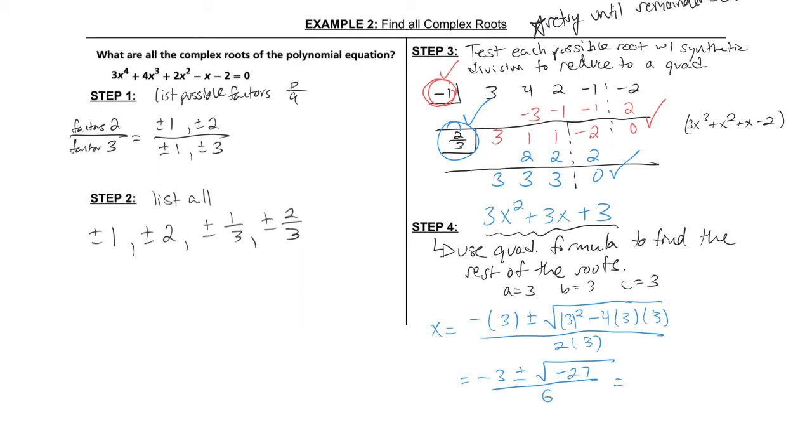We can take the square root of -27, which is 3i square root of 3, over 6. And then we can reduce all of these by 3 and get our final solution of x equals -1 plus or minus i square root of 3 over 2.